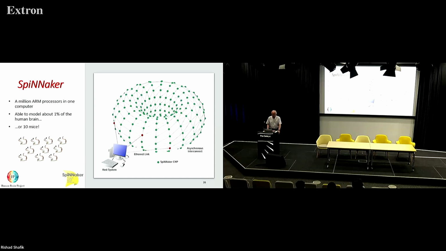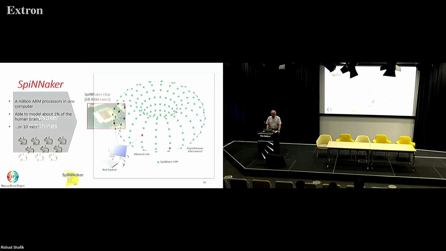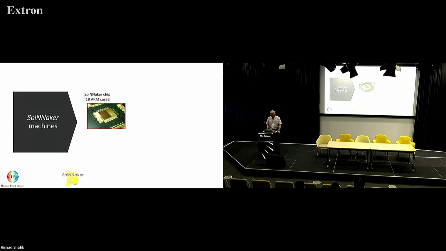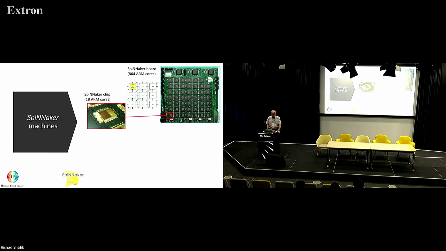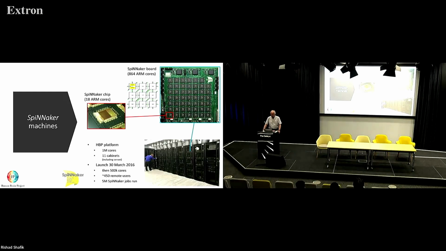And we've used this machine for all sorts of brain modeling applications. The work started with the design of the silicon chip, which contains 18 cores, and we can put those chips on a board with nearly 1,000 cores per printed circuit board, and then we can assemble large machines with that board.